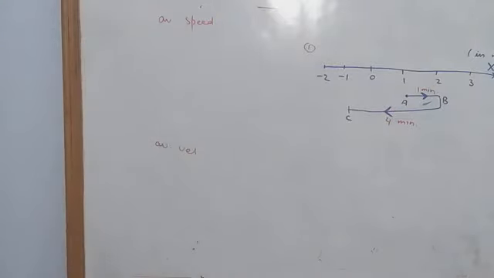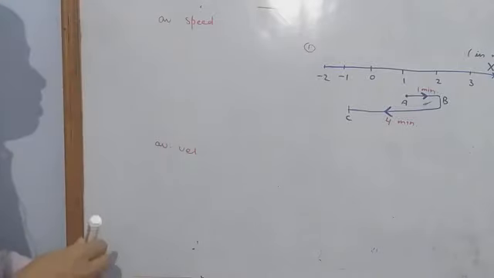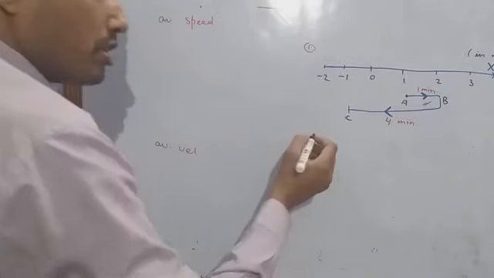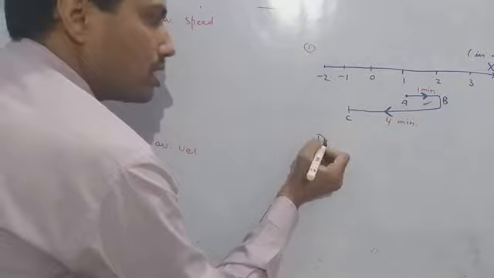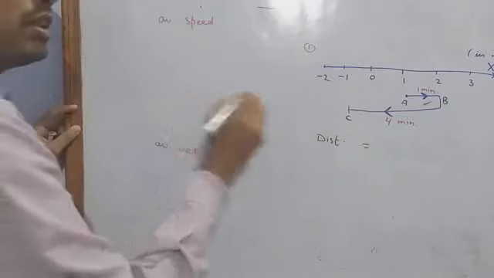So this is the question, and the x value is given in meters. So before finding average speed and average velocity, first we should find, students, distance and displacement. So distance in this example will be how much?